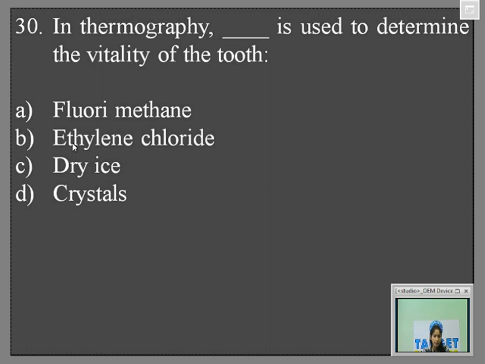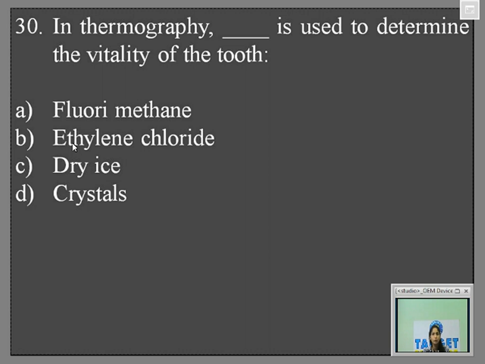So what I was saying is that whenever pulp testing is done, it can be of two types, sensibility tests and true vitality tests.